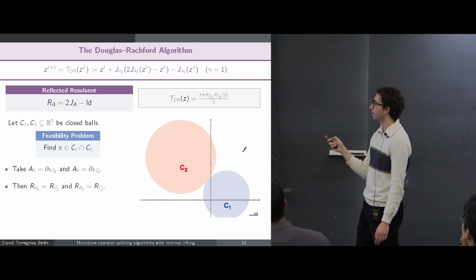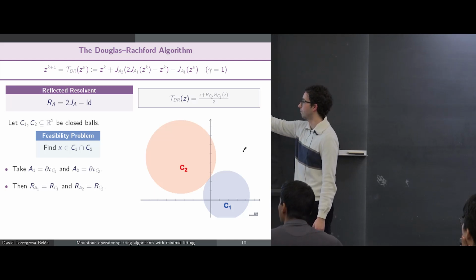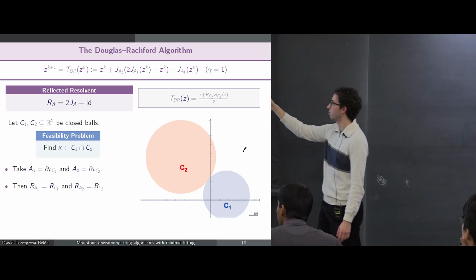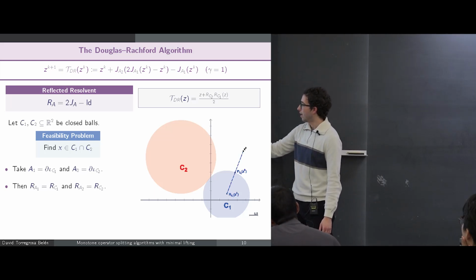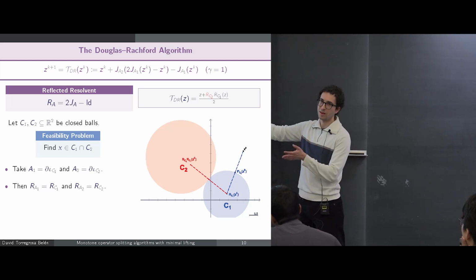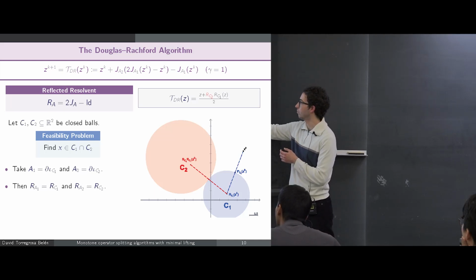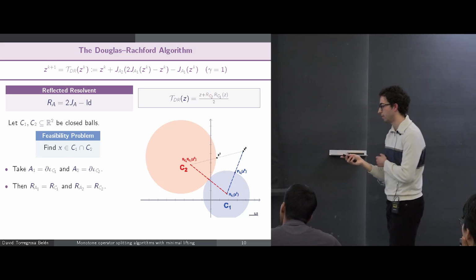If I perform one iteration of the Douglas-Rachford starting from this point at 0, the first thing I'm going to do is reflect onto the first ball, then reflect onto the second ball, and then to obtain the next point in the iteration, I'm just going to do the average between these 2 points, and this x1 is going to be the next point in the iteration.